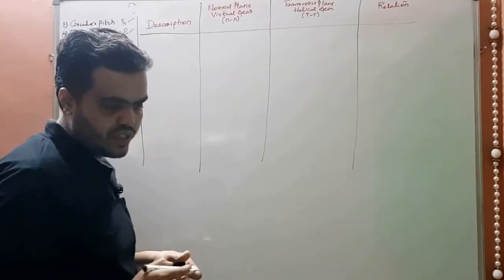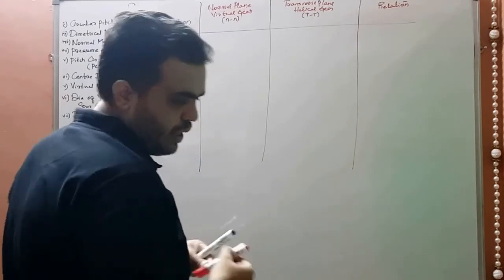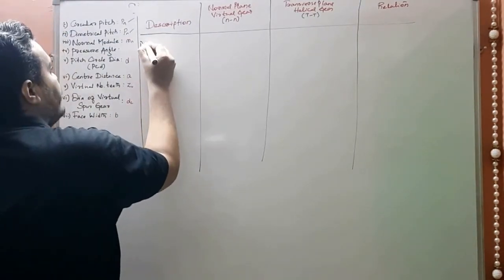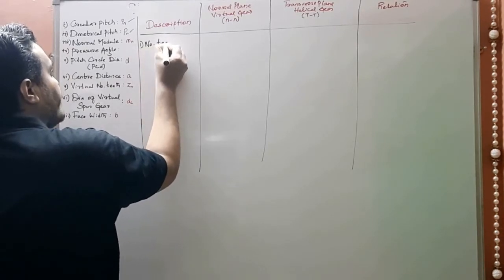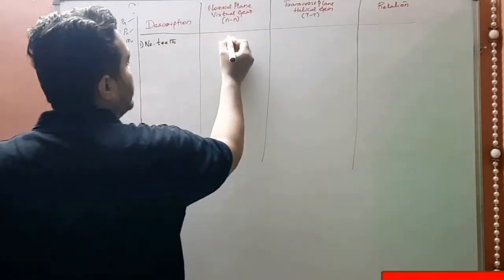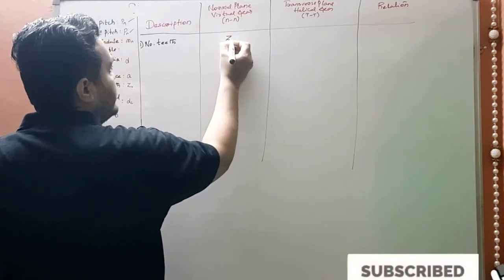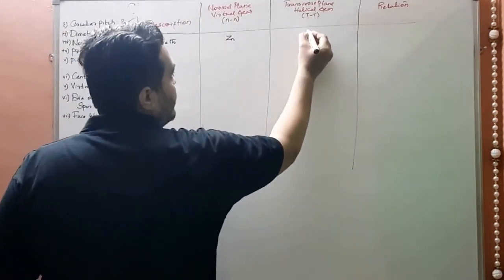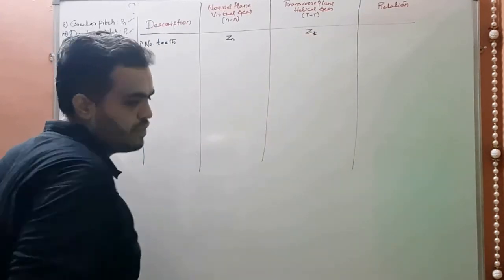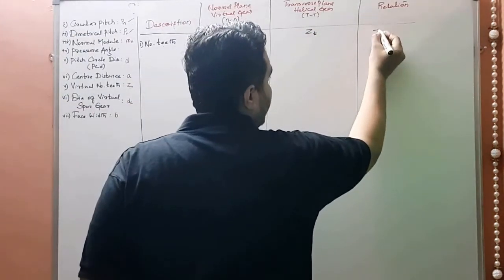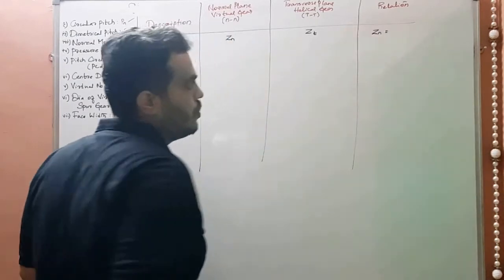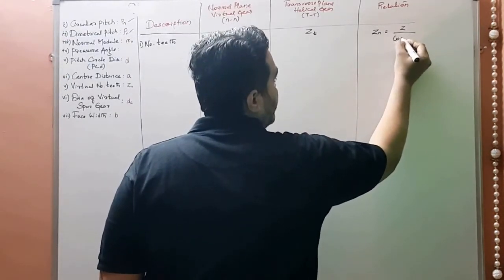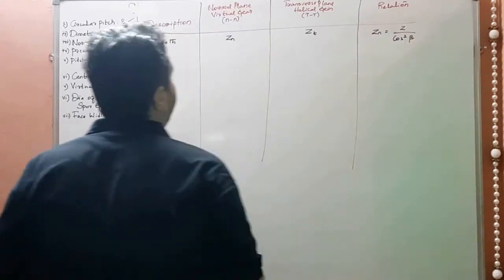First we have number of teeth. With respect to the normal plane it is Zn, and here it will be Zt. What is the relation between these two? We have already determined Zn is equal to Z by cos cubed beta.